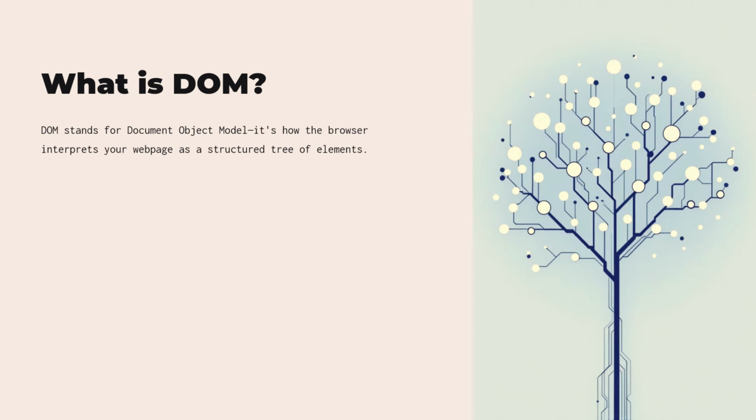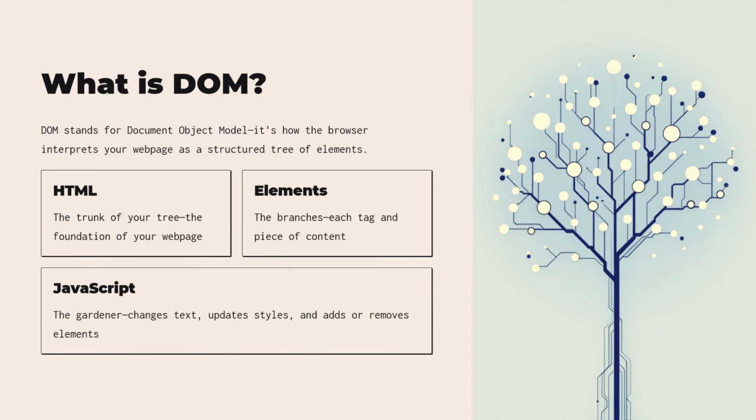Next terminology we have is DOM. Now let's talk about something that confuses everyone. DOM stands for Document Object Model. It sounds scary, but it's not. Imagine your website is a tree. The HTML inside the website is the tree, elements are the branches, and buttons and text are the leaves. Now JavaScript is the gardener that takes care of all these things.